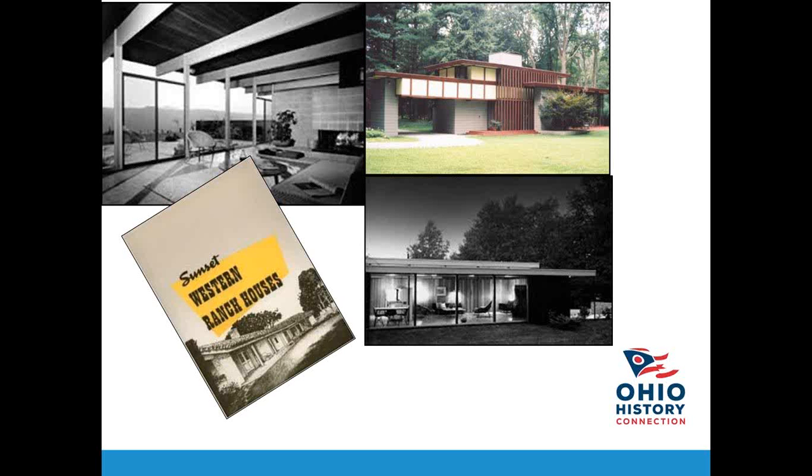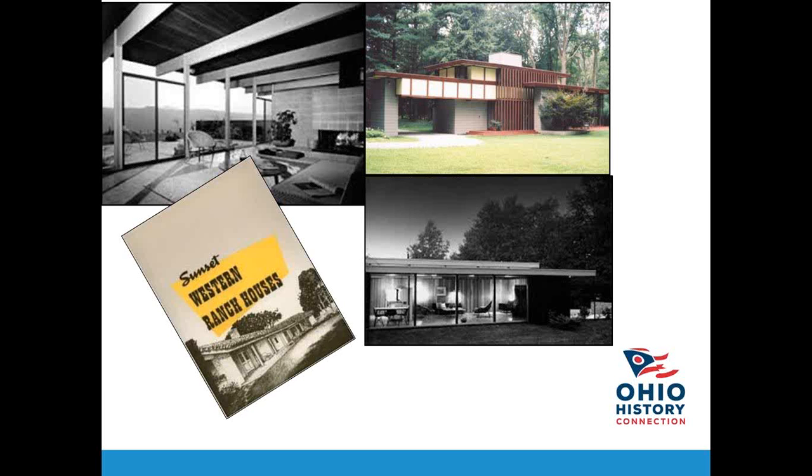More popular examples of ranch houses were published in plan books, popular magazines such as Better Homes and Gardens, Ladies' Home Journal, Good Housekeeping, newspapers, and books were published, with titles like Tomorrow's House, How to Plan Your Post-War Home, published in 1945, or a 1946 publication, If You Want to Build a House.